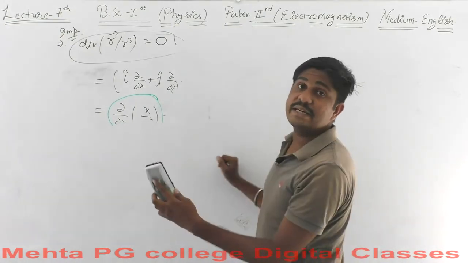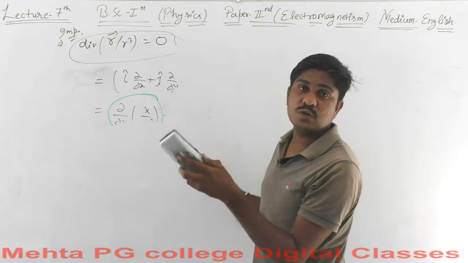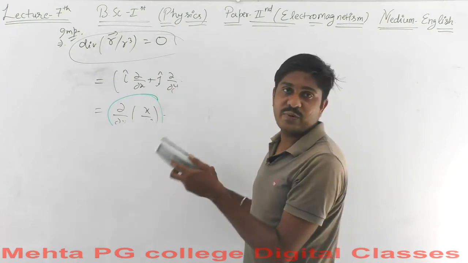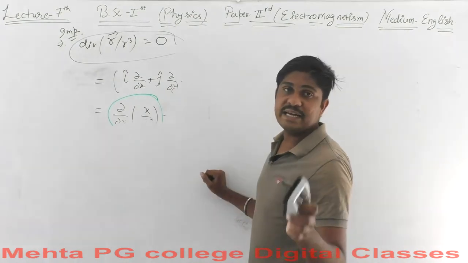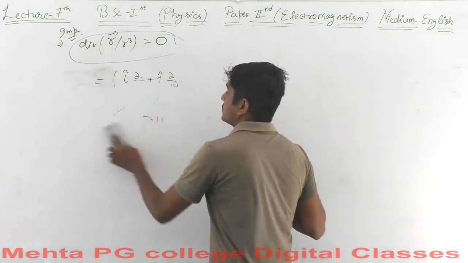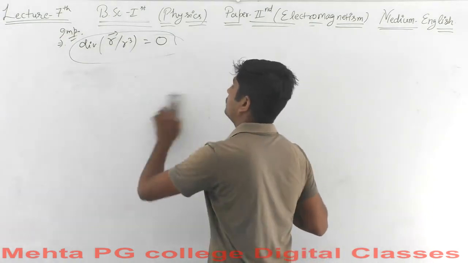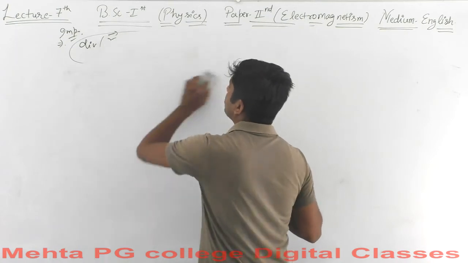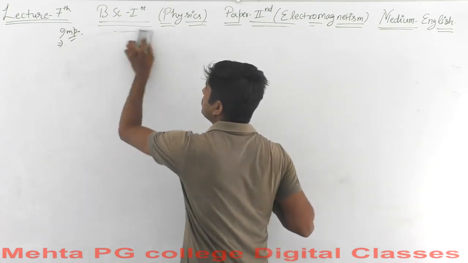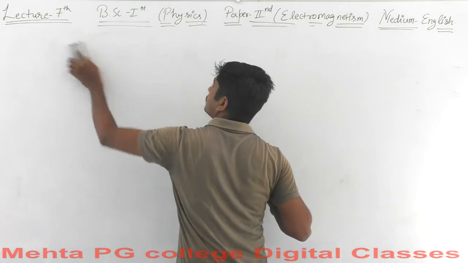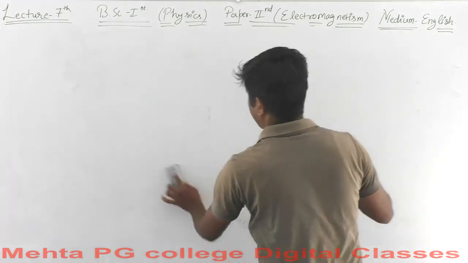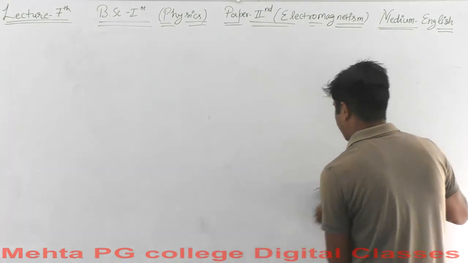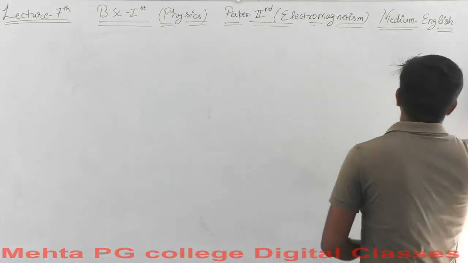But every time you calculate the divergence of a vector function, you end up with a scalar function, which does not depend on the coordinates x, y, z, or the unit vectors i cap, j cap and k cap.